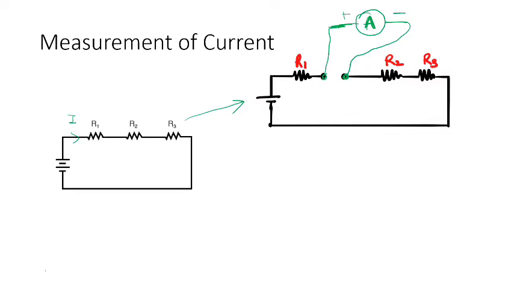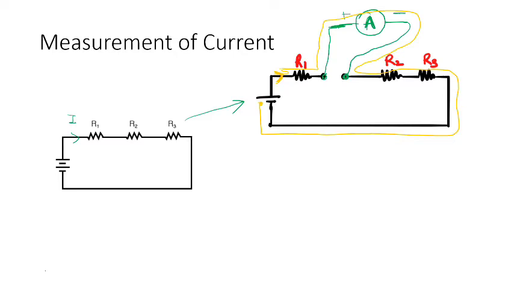Now let us check whether the current is flowing through resistance R1 as well as the ammeter. So current has only one path to follow. Now current will start flowing from here, go like this and come back to R2, R3 and back to its source.